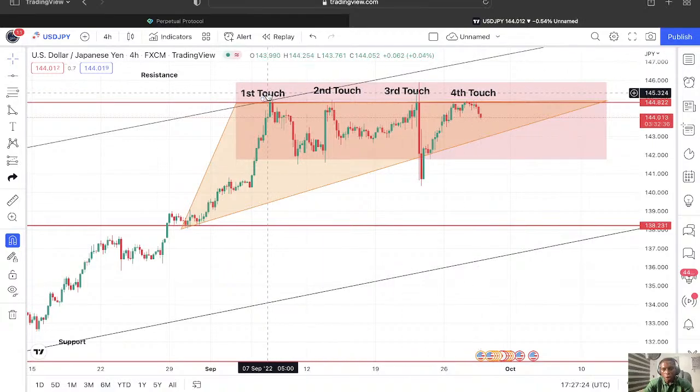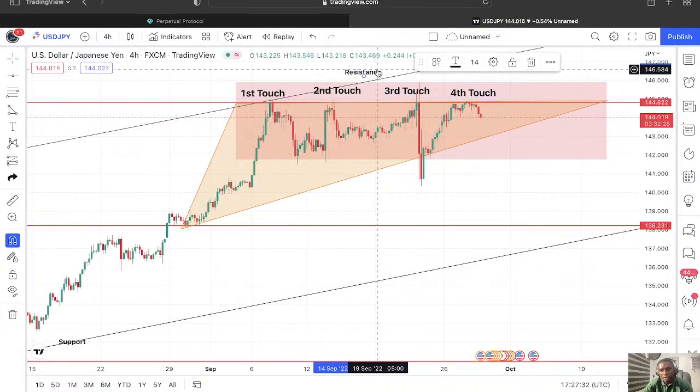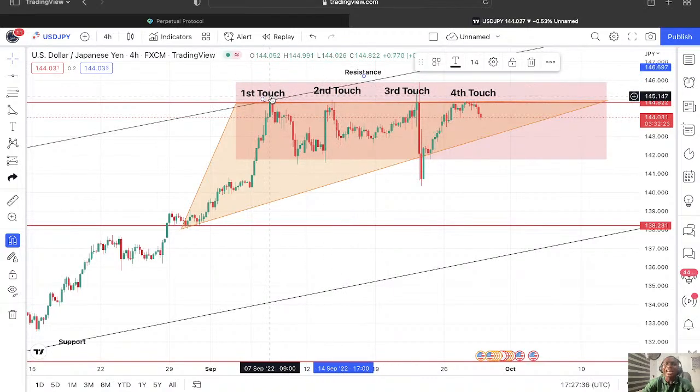Now, this first touch was resisted because this level is a resistance level. Second touch, this level is now weaker than the first. Third touch, this level is now weaker than the second.